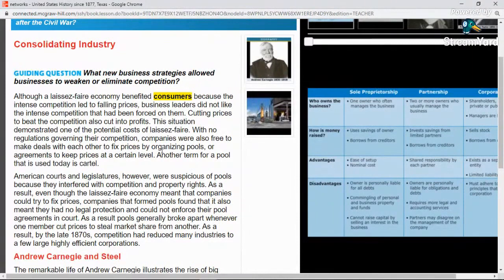Before I was making 2 extra reais, now I'm making 2 less reais. This does not make me happy. So this is a cost of laissez-faire. There was no regulation governing competition. And competitors were free to make deals with each other to fix prices by organizing pools or agreements to keep prices at a certain level.